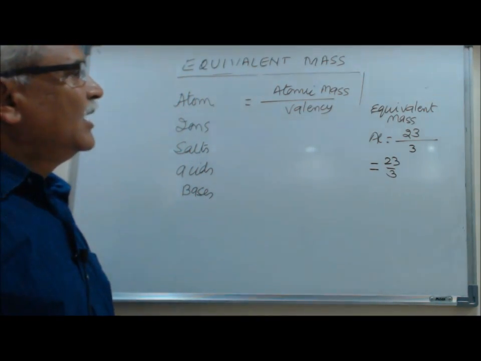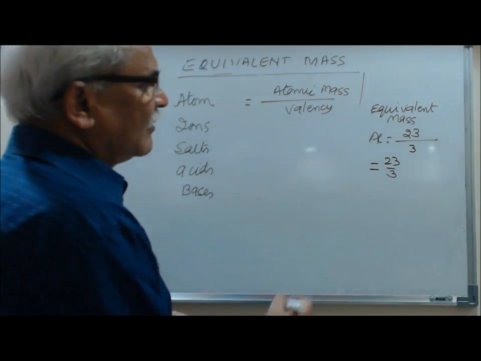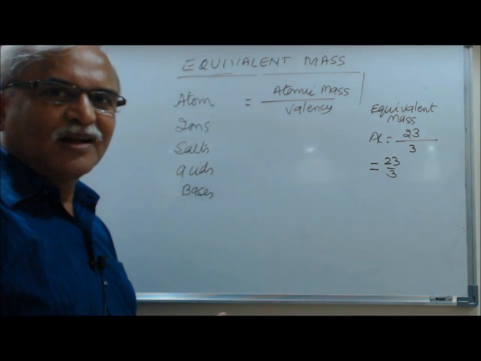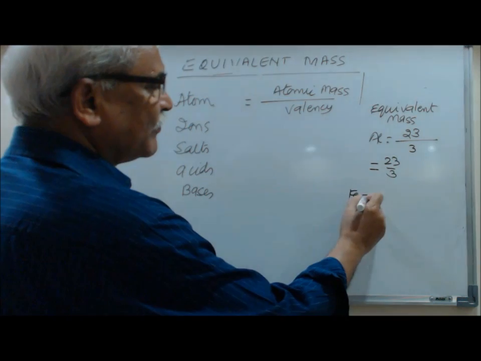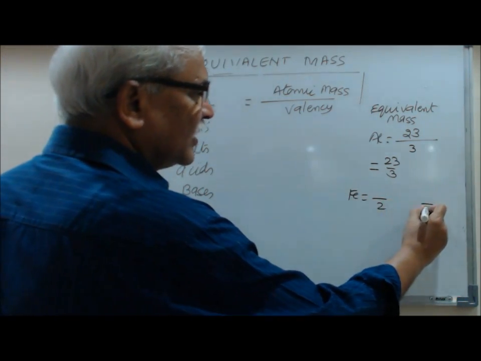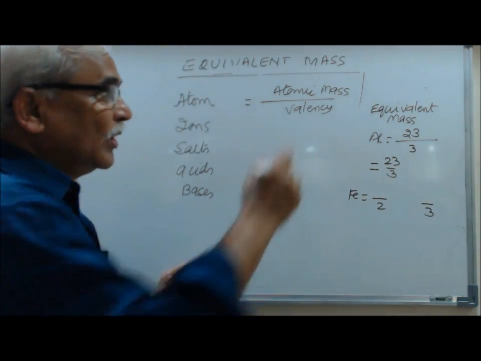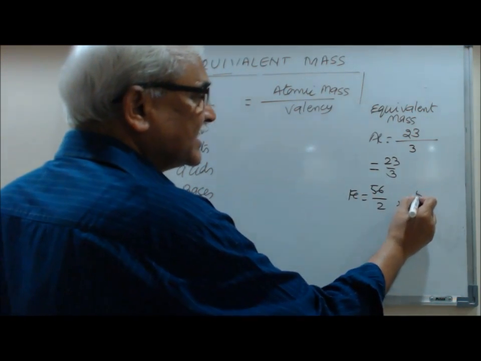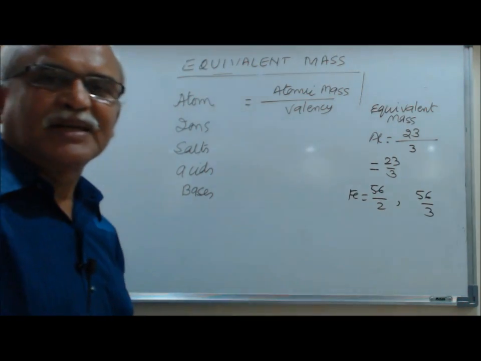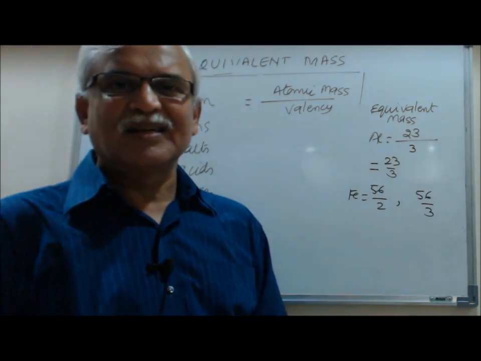How do you find the equivalent mass of iron? Now it is a slightly involved question. Iron shows 2 valencies. 2 also, 3 also. So equivalent mass of iron will be 56 by 2 in some cases and 56 by 3 in some cases. Which cases?